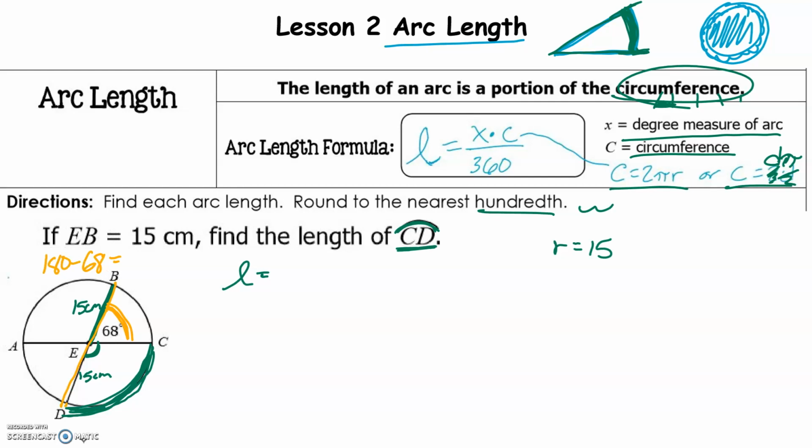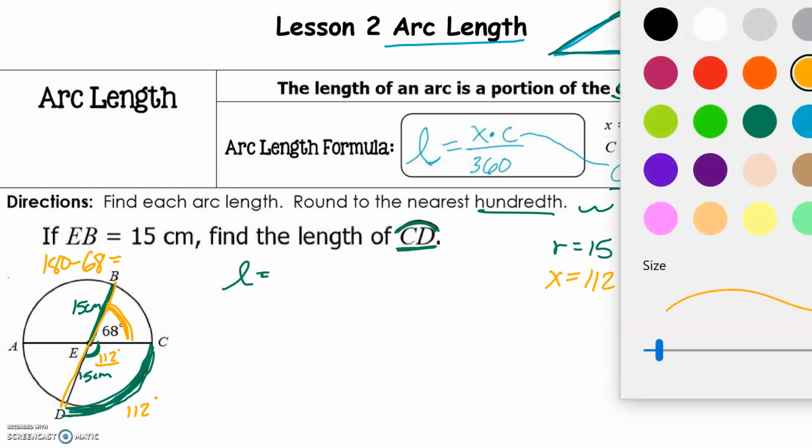And when we subtract that, that's going to give us 112. So this is going to end up being 112 for our central angle. Once I know that central angle, remember the central angle is the same as the arc measure, okay? And the measure of the arc is what we're looking for, the degree measure of the arc. That's represented by X. So we have that piece of information as well.